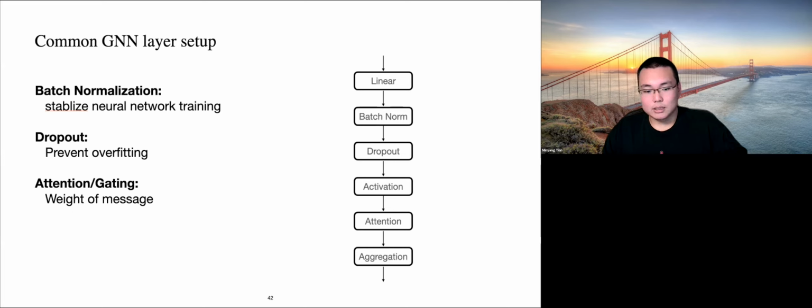And also the attention or gating mentioned before, you can control the weight or importance of messages, and it allows for implicitly specifying different importance values to different neighbors. Here's a common GNN layer setup. If you want to construct your own layers and this one does not work well, it's still a good starting point to make your own edition.